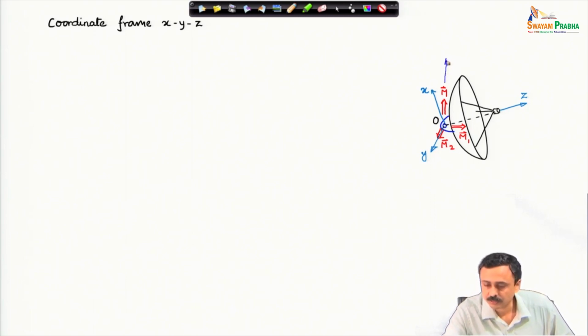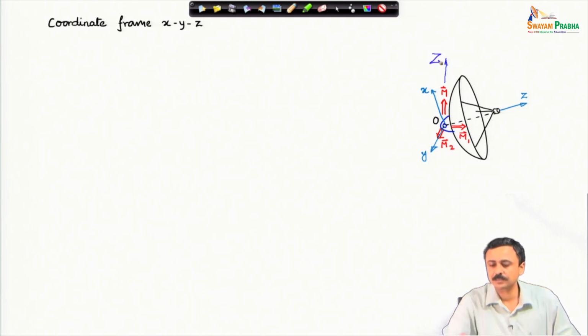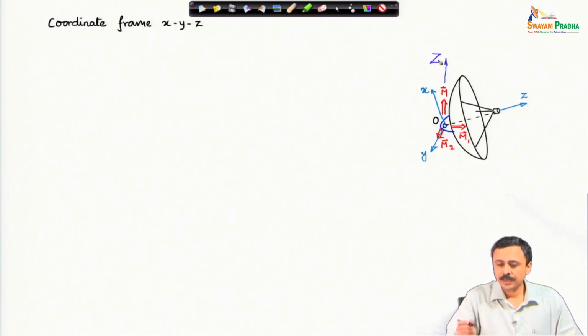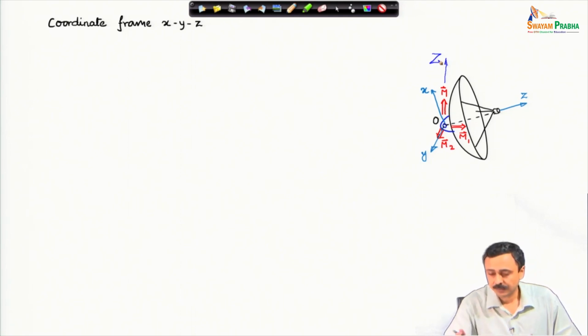This vertical was our capital Z axis, and the applied moment, what I have shown as vector M, is that applied moment at the base.